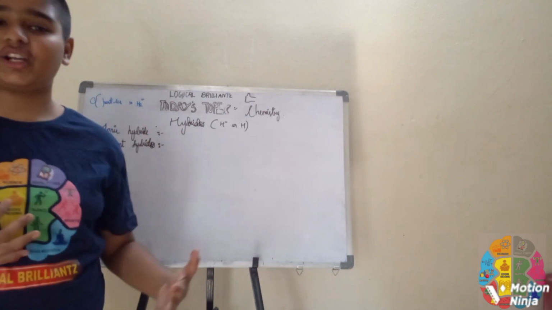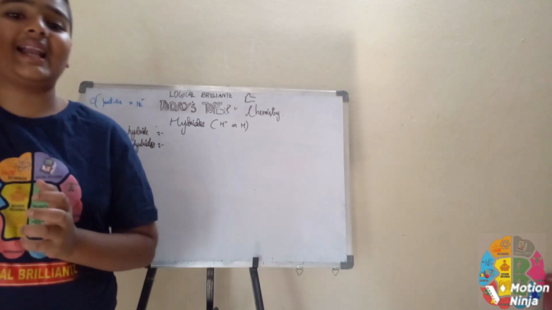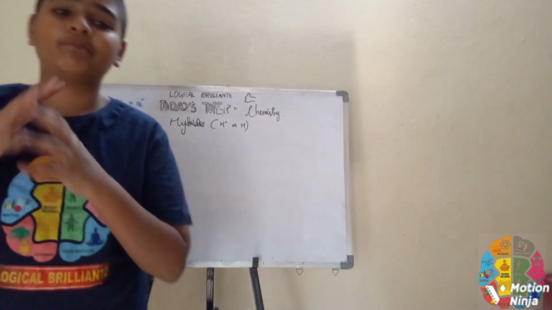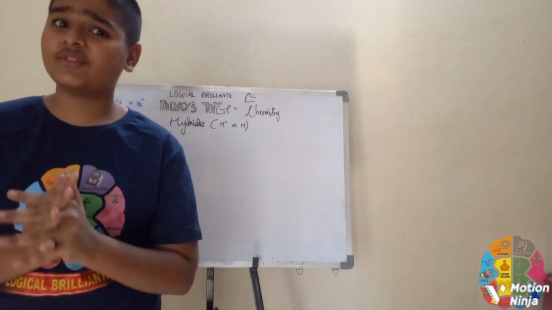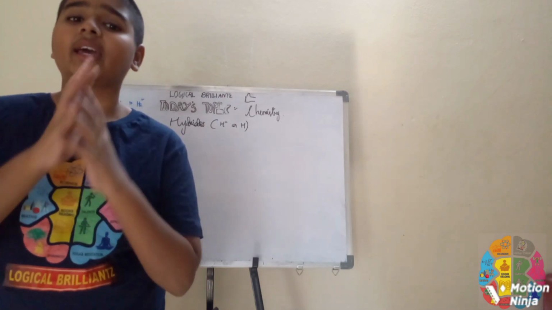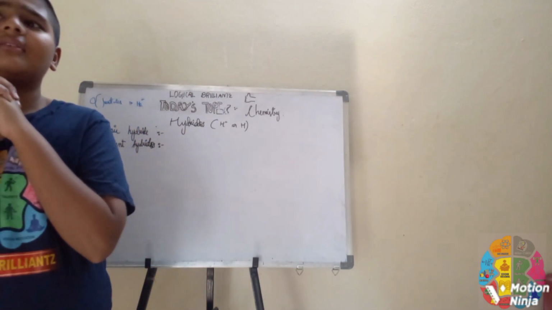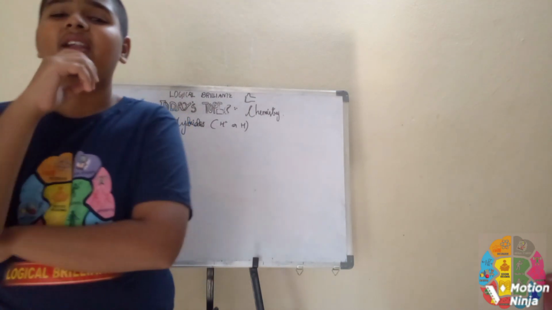When hydrogen combines with an element more electronegative than hydrogen, it forms covalent hydrides, and the bonds in covalent hydrides are all covalent bonds. So what are the elements which are more electronegative than hydrogen?